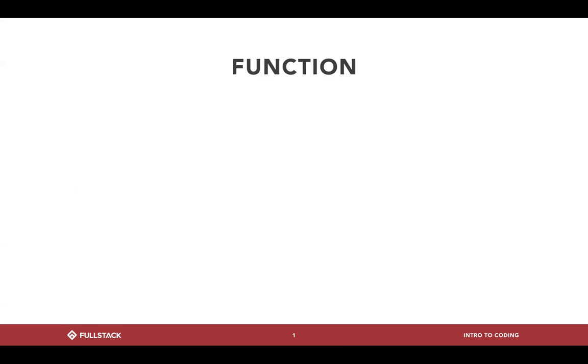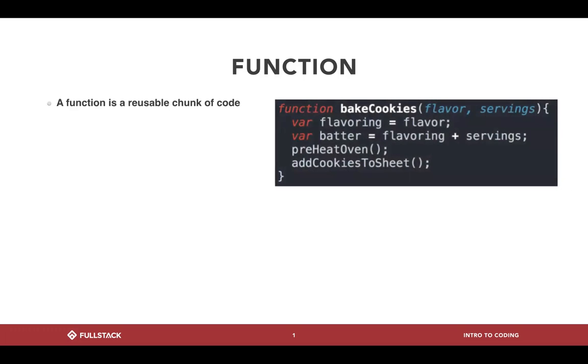Versus a variable, which holds information, or data types, which describe the data, describe the information. A function performs commands, performs actions. Functions are reusable. They're reusable chunks of code. You can use them again and again.